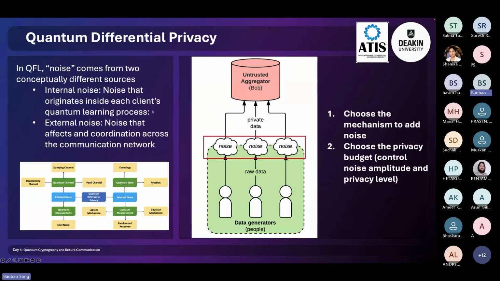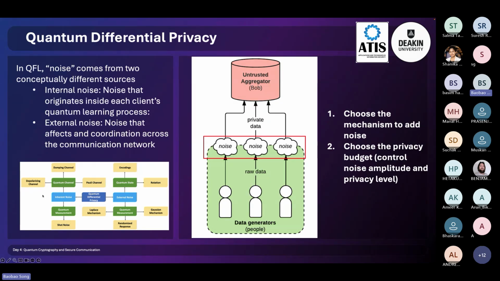And the next is that there are many tools that can help provide protection for quantum federated learning. One of the tools is quantum differential privacy. I have briefly introduced this concept before, and today I will show some cases of how we can use the differential privacy mechanism to protect privacy in quantum federated learning.